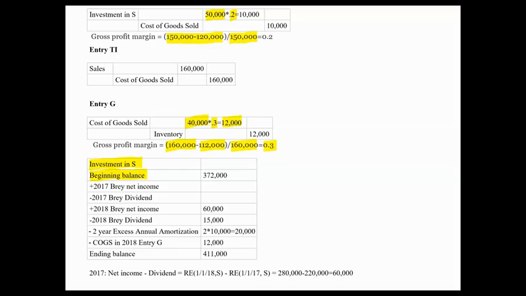If it's 2 years, then it will be the 2-year total amortization. And here in this question, we have one more thing: we have to deduct this deferred gross profit in 2018. That's the cost of goods sold amount in entry G. And one more thing we need to pay attention to is that because the parent company only has 60% of the controlling interest, we have to put all the numbers around here.